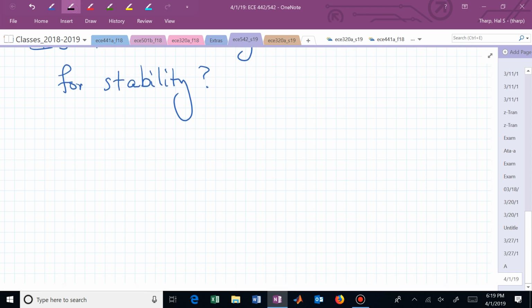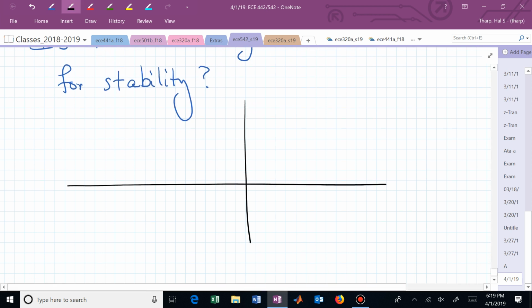And I know you already have this answered, because you've sketched this either mentally or on your paper. Here's the z-plane. We started with a pole out here at 2.